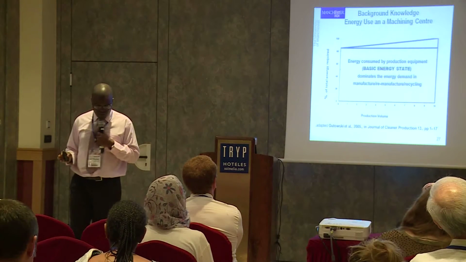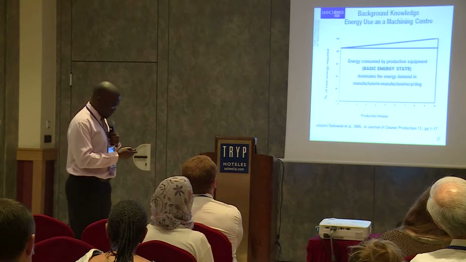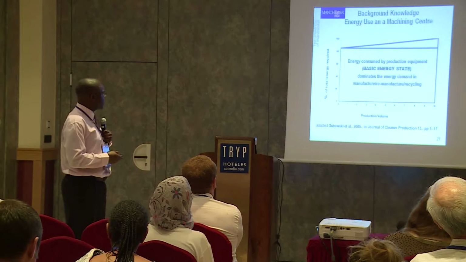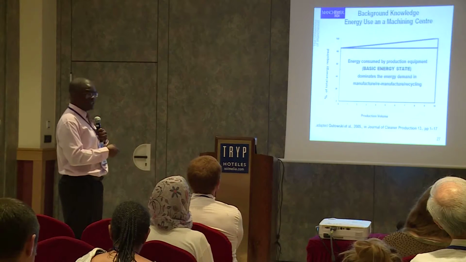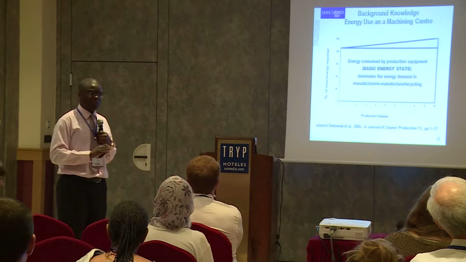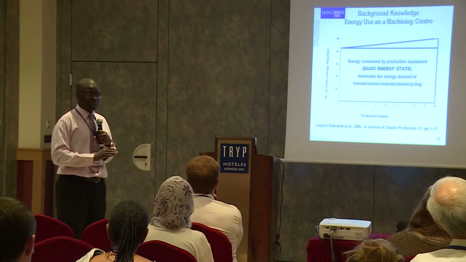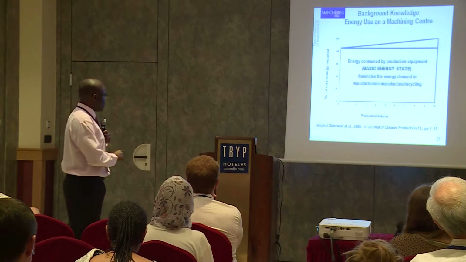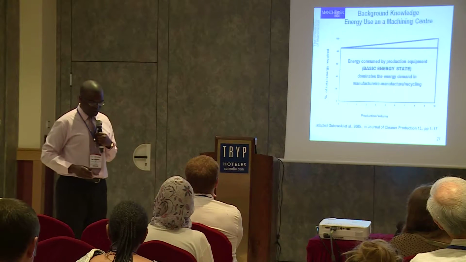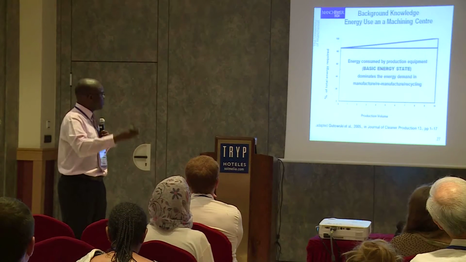And with most production machines, if you're using a machine to recycle, what tends to happen is about 80 or 90% of your energy goes into the machine, whether you're recycling or not. So if you've got a chemical plant and you just switch it on, or you've got the granulator I was showing before, most of the energy goes into the equipment.